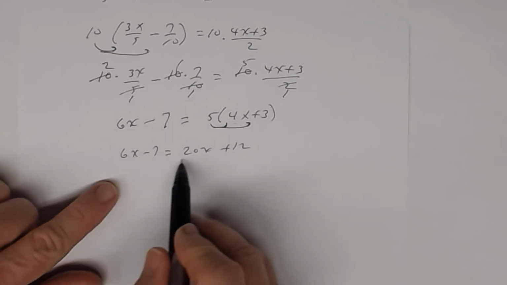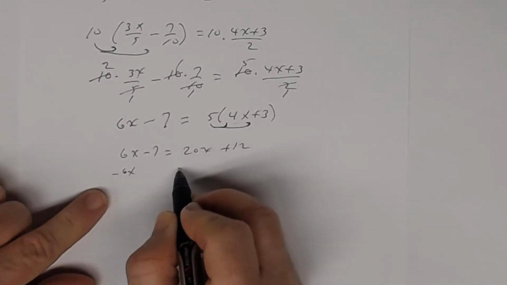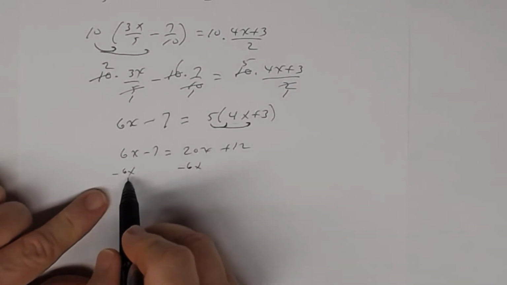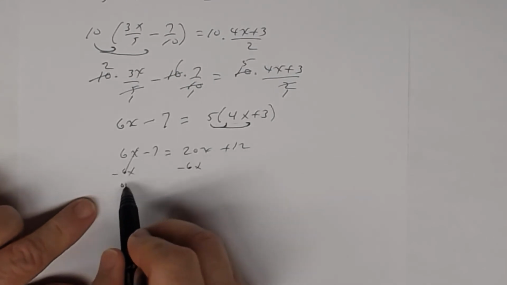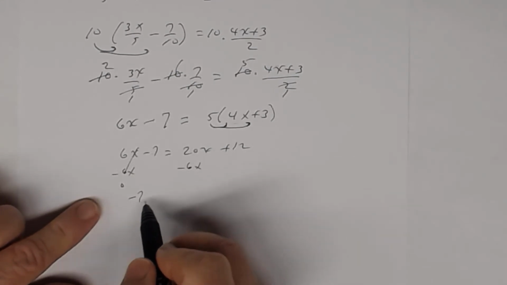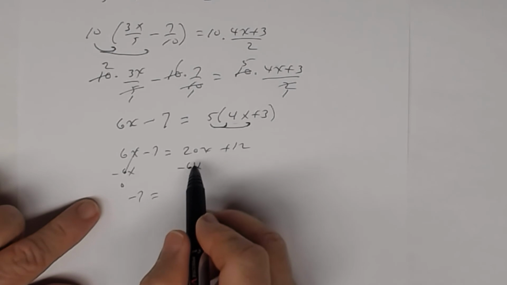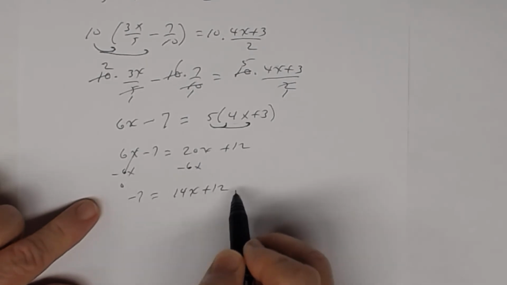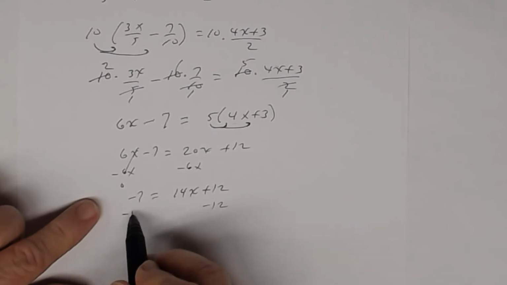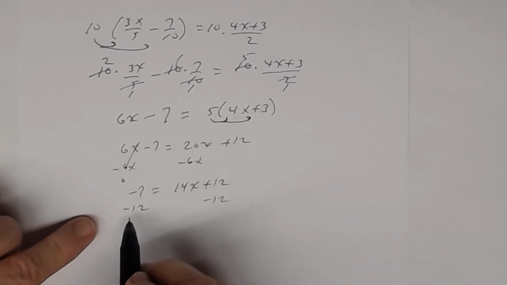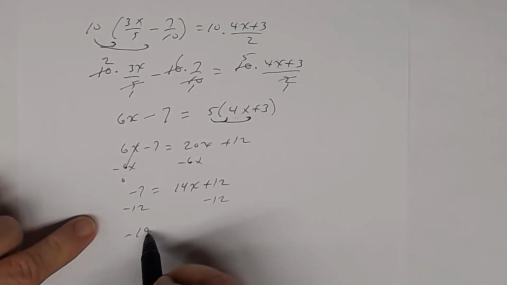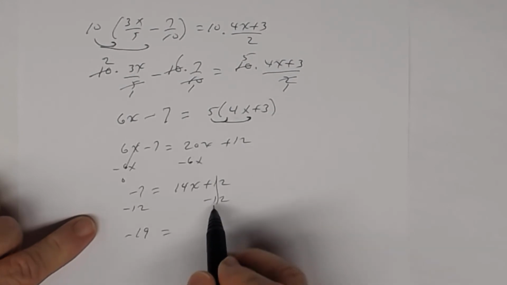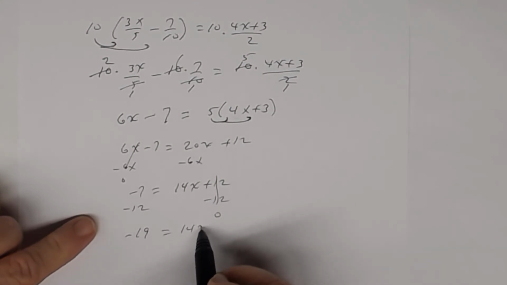And let's subtract 6x from both sides. And when I do that, I get 6x minus 6x is 0. And then 0 minus 7 is a negative 7 equal 20x minus 6x is 14x plus 15. And then subtracting 15 from both sides, I get a negative 7 and a negative 15 is a negative 22 equal, this is 0, and that's 14x.